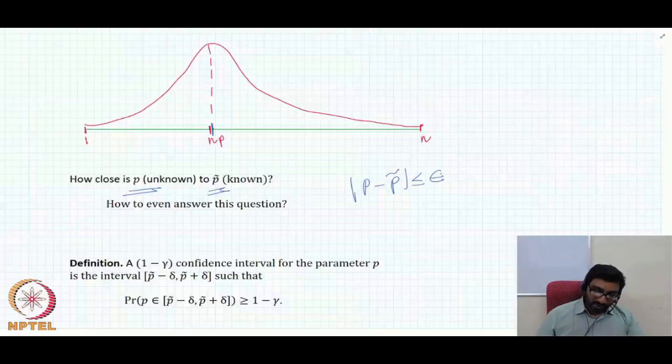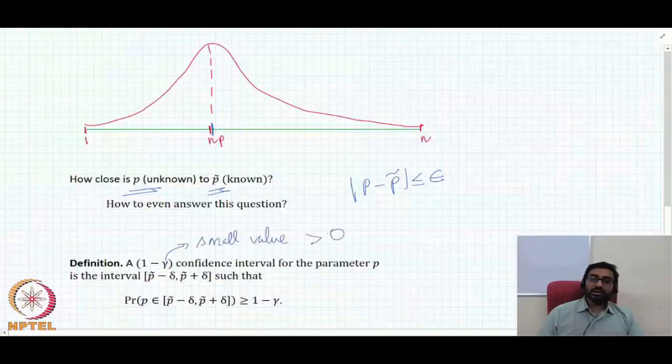Instead, in such cases, we will have to consider a confidence interval. So let's define what a confidence interval is. A 1 minus gamma confidence interval, and gamma is going to be some small value strictly greater than 0, for the parameter p is an interval around p tilde.